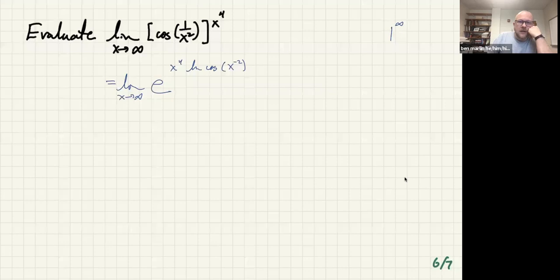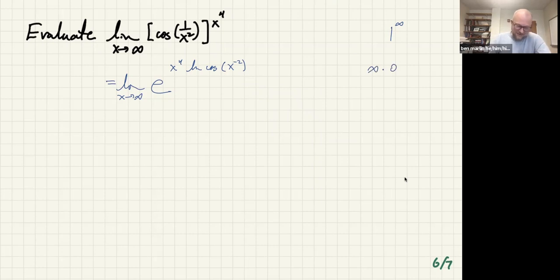So the x to the minus 2 is going to 0. The cosine then is going to 1, and then the log is going to 0. So that means your x to the 4th log stuff, you've got an infinity times a 0 there, right?